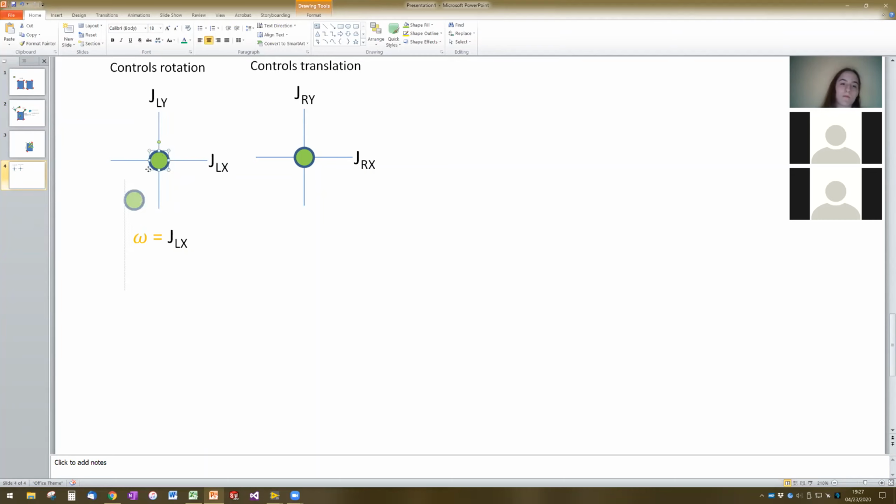So doing this on this joystick, up and down doesn't do anything. Moving it to the left or to the right, though, will make it spin about the robot center faster or slower. Does that make sense?